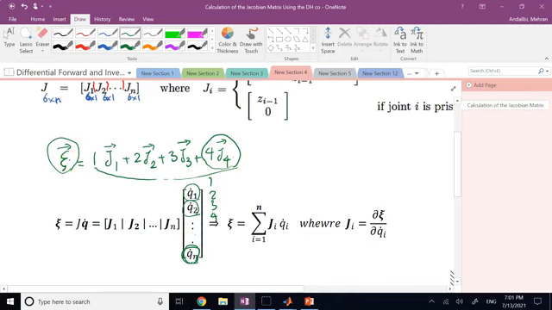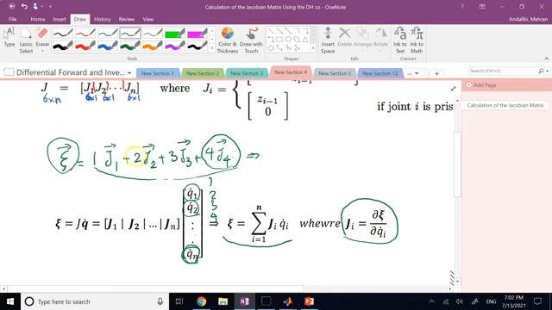Good? So based on this relation, you can simply say that if I take the partial derivative of zeta with respect to any of these joint velocities, the result is that column of the J matrix, correct?